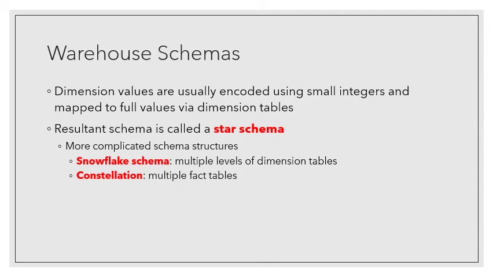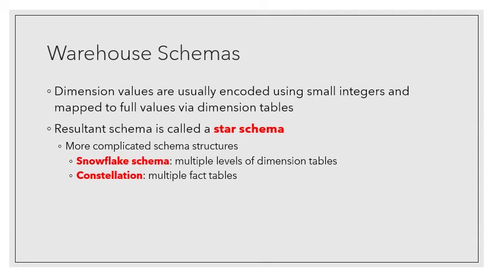To minimize storage requirements, dimension attributes are usually short identifiers that are foreign keys into other tables called dimension tables. For instance, a fact table sales would have attributes item ID, store ID, customer ID, and date, and measure attributes number and price.